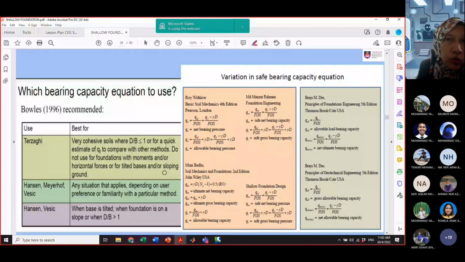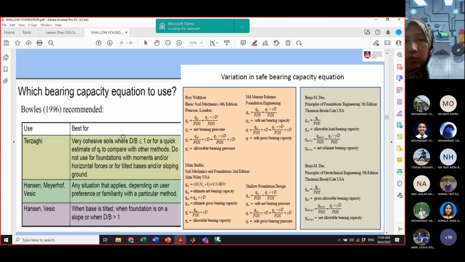So kalau you ada footing yang incline, it's not vertically stand, dia incline few angles, so memang sasar Terzaghi tu tak sesuai kan. So you kena pergi ke Hansen ataupun Vesic or Meyerhof yang mana dia ada inclination factors. So Hansen Meyerhof Vesic ni is any situation that applies depending on user preference or familiarity with a particular method. Okay, ni caralah macam mana you nak tentukan.